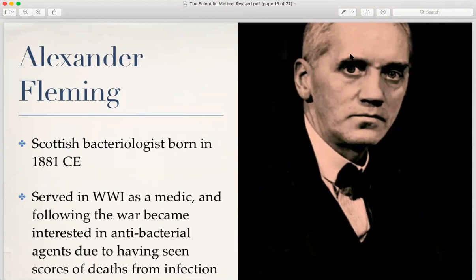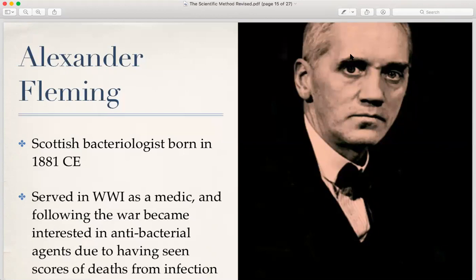Another application of this. I hope you all know who Fleming is. He was a bacteriologist, and when he was serving in the First World War, he saw that most of the deaths he was trying to solve didn't come as a result of blood loss or something like that.